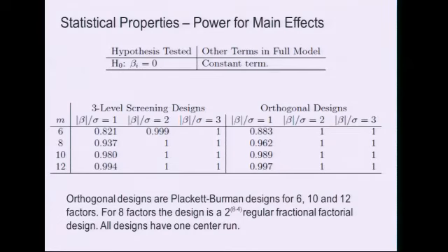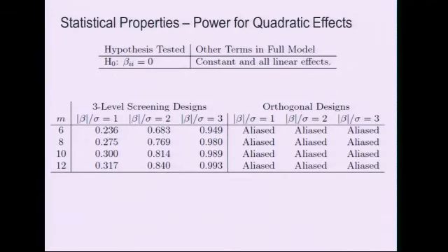And so there's more information about the main effects. However, these powers are quite high. You can see that if the regression coefficient is twice the error standard deviation, you basically have full power for estimating.